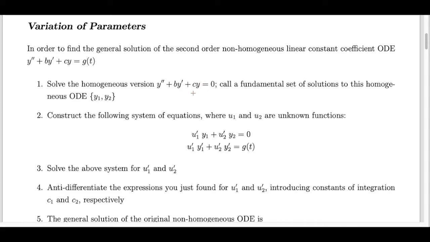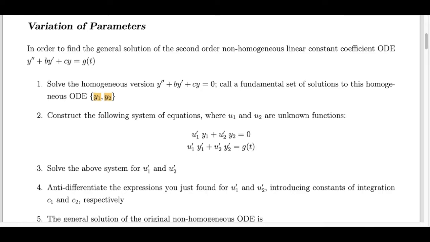In the previous section, we explicitly wrote out y sub h at this point. The key ingredients that we need to take away from that homogeneous solution in this method are two functions that serve as a fundamental set of solutions for the homogeneous ODE. These are just the y1 and y2 that we come up with.